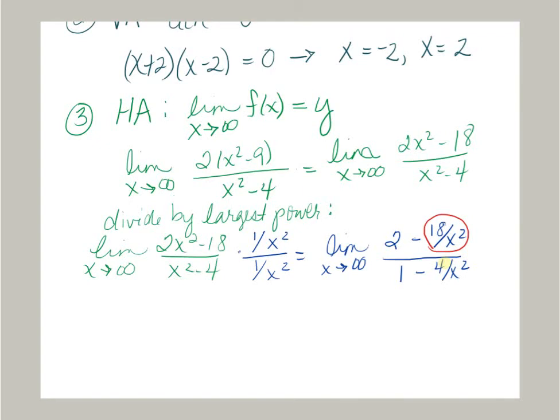In fact, it gets so small that it becomes almost nothing. These have no value at the millions and trillions. And so what we're left with is just 2 over 1, or just 2. So our horizontal asymptote is y equals 2.